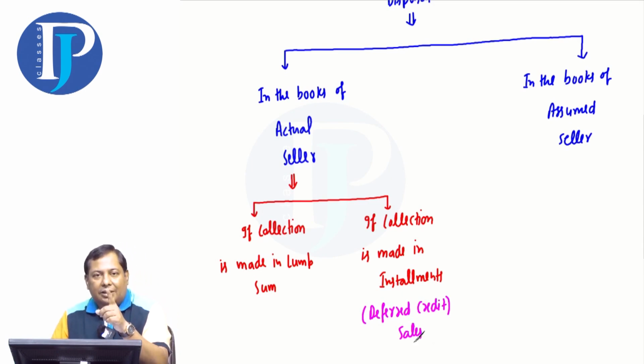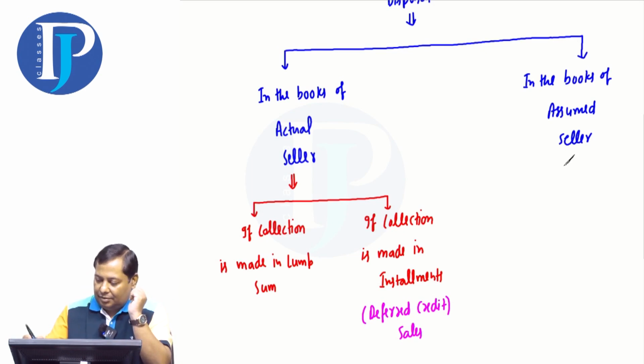And when we talk about deferred credit, there will be time value of money. Present value will be there, and interest. Sales under finance lease.